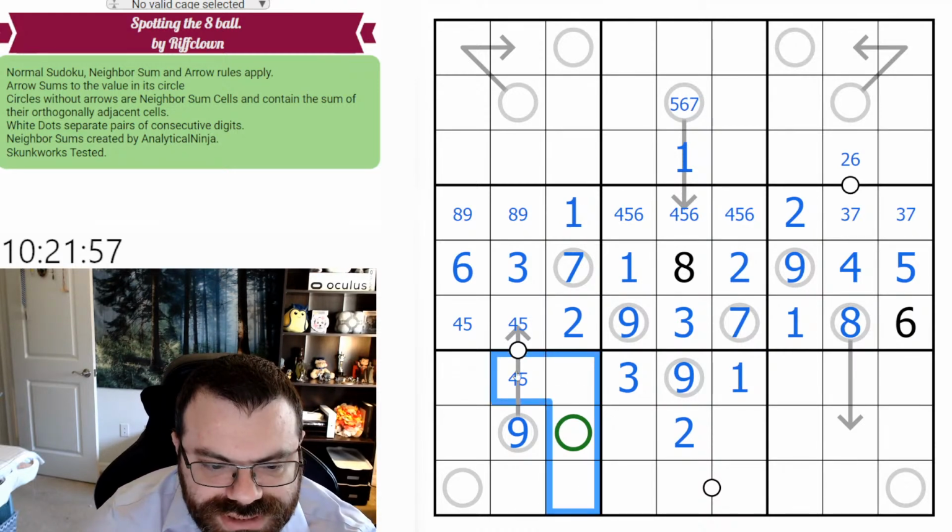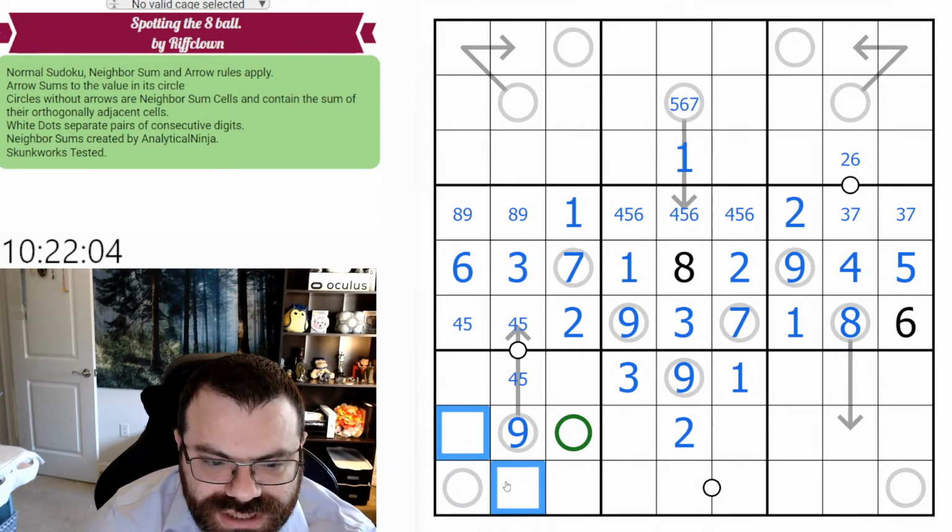True, Carl. 1 in box 7 is in one of these 2. Hold on. No, I don't see how to place it. But it is in one of these 2.